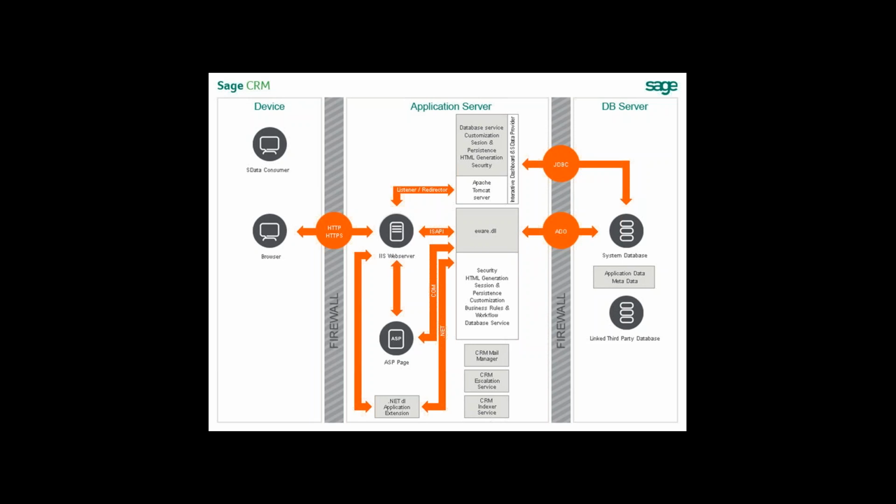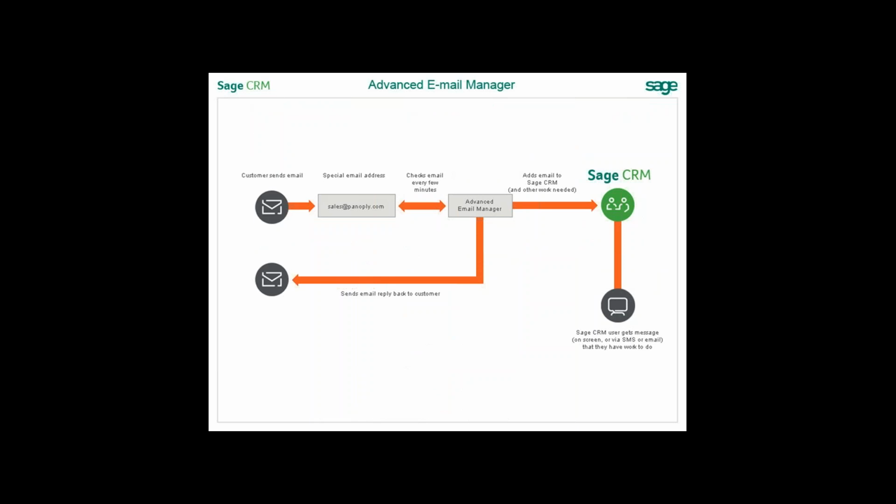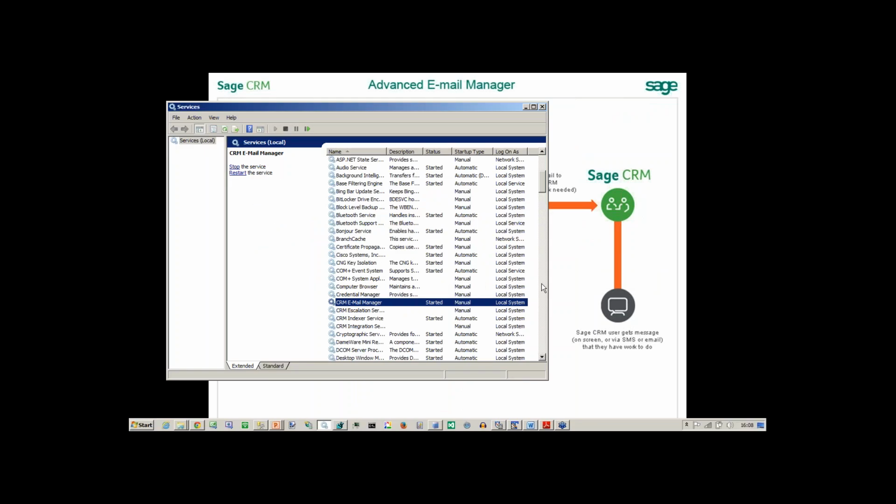So we'll find that this is actually a service that, if I switch over to look at my services on the machine, in my case is running now, and every 3 minutes this particular service would be monitoring and checking the goings on inside the email accounts that are monitored.